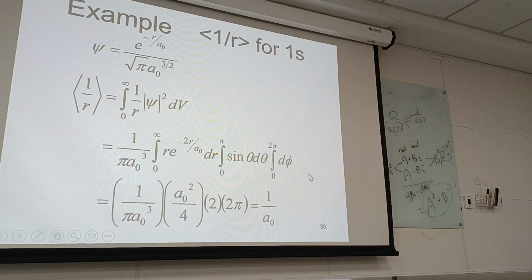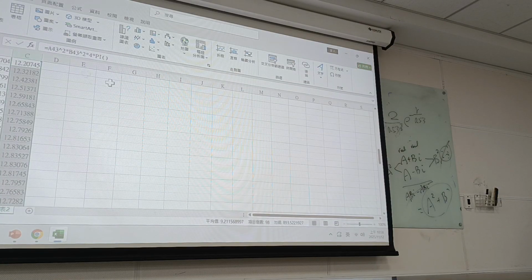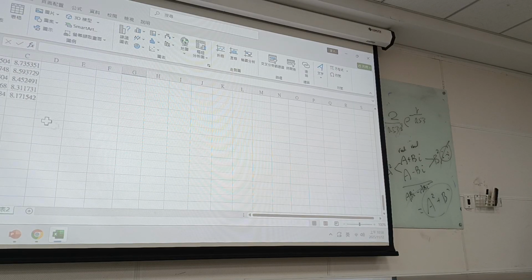Let's do an example. This means the expectation value, the mean value. You can try to do this by yourself, but I just want to try Excel.